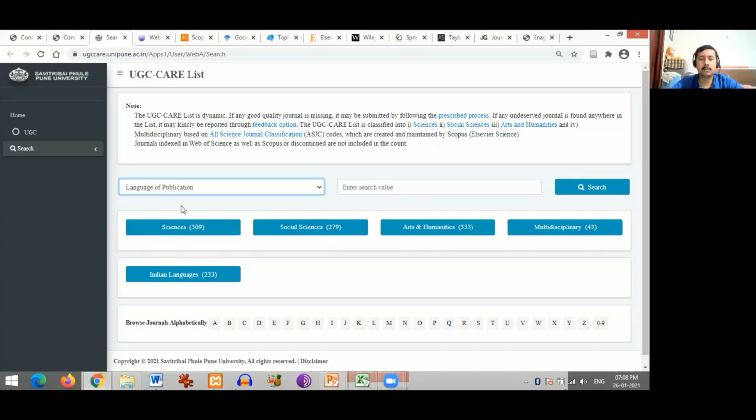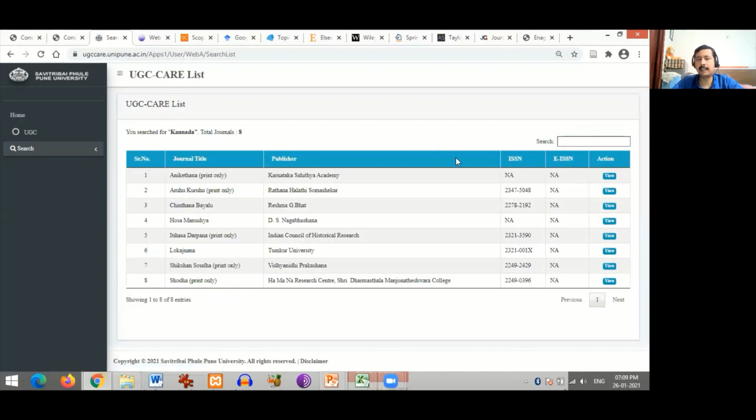For instance, if I want to know how many journals are listed under UGC CARE which publish content in Kannada language, then I will be using Kannada by choosing language of publication, and I will search and I'll find the results of those journals which are included in UGC CARE having Kannada as the language of publication.